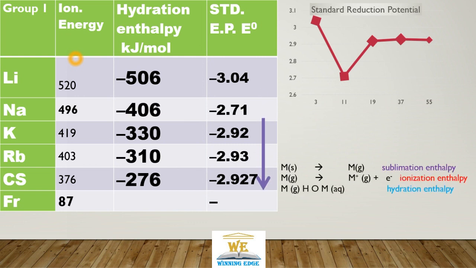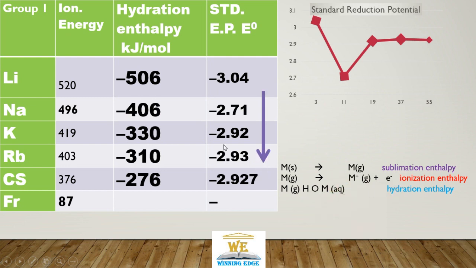So here are the three phenomena we discussed earlier. The first step is conversion of the metal into gaseous metal atoms. These gaseous atoms are ionized in the second stage, and these ions get hydrated to make aqueous ions.